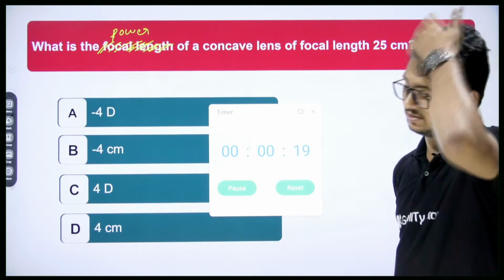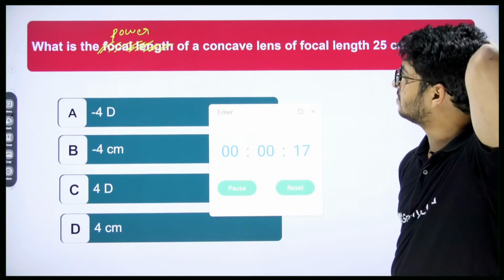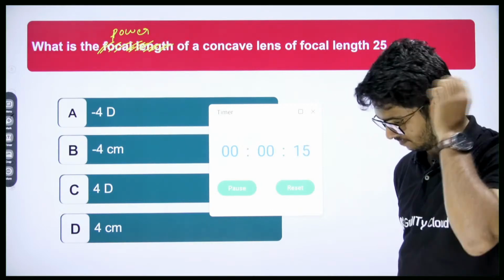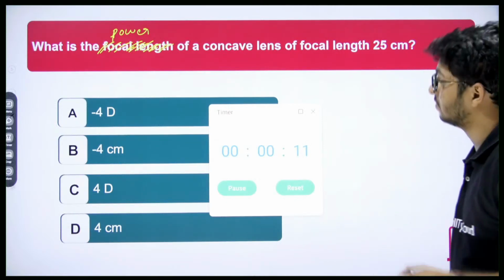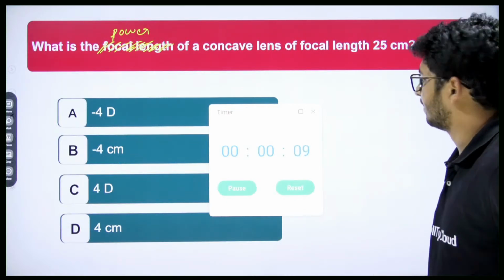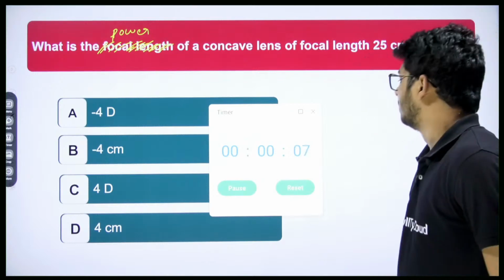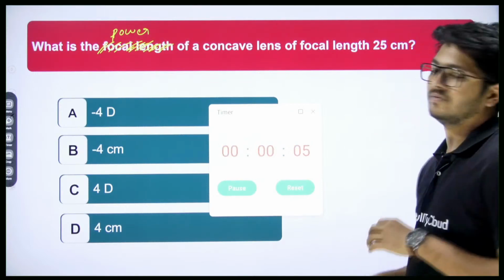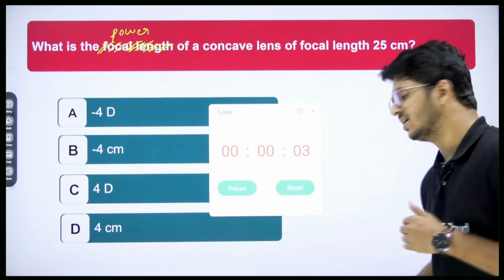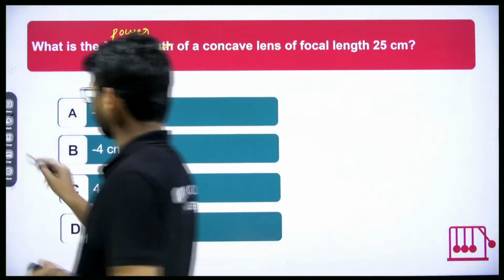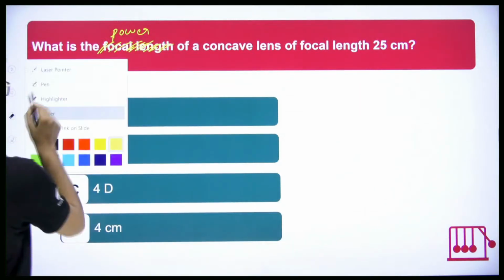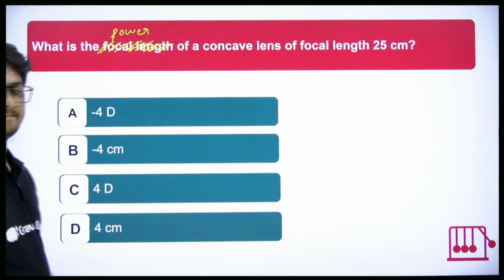It is a concave lens, so you have to be careful. 5, 4, 3, 2, 1. The time is up. Got it? Good.